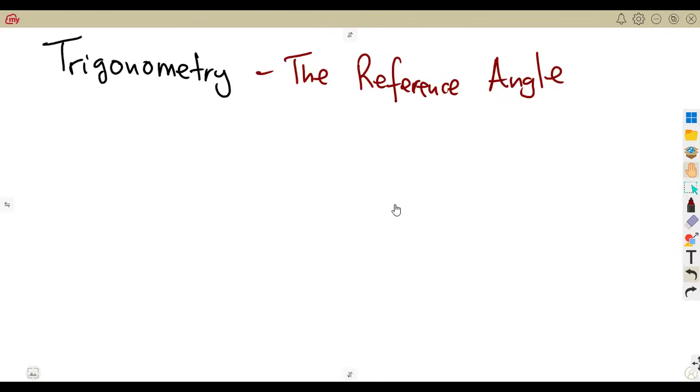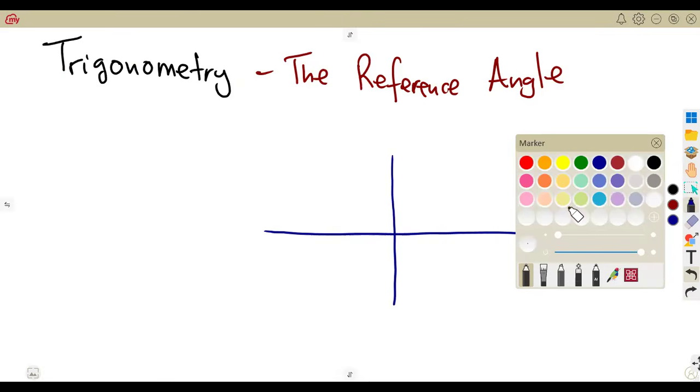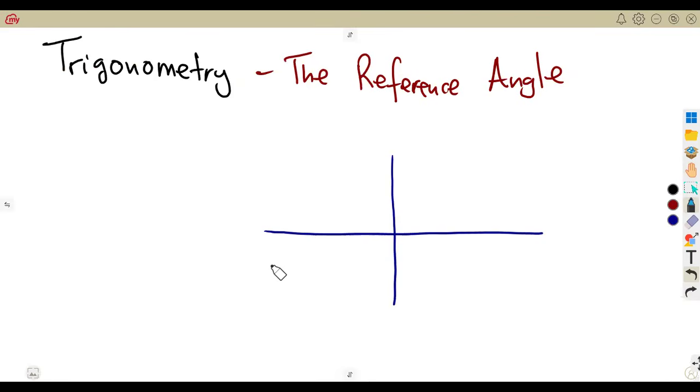But in these quadrants, we are going to notice something special, that in each and every quadrant, there is an acute angle, which is referred to as the reference angle, that lies in each and every quadrant. In the first quadrant, the reference angle will be taken like this to the horizontal axis.